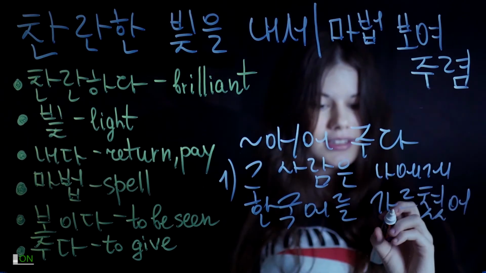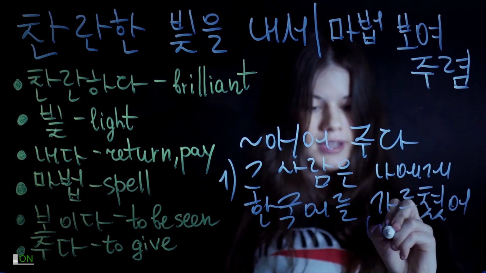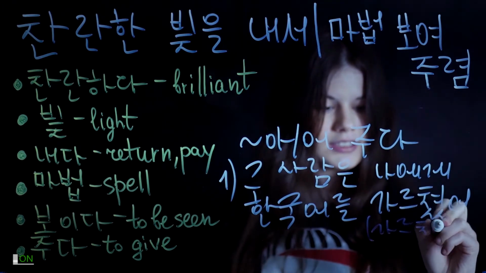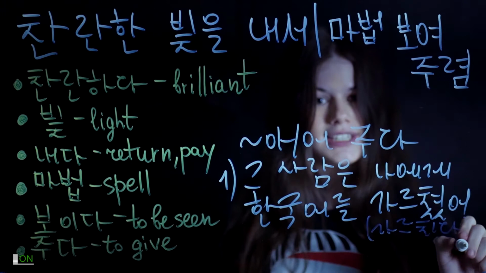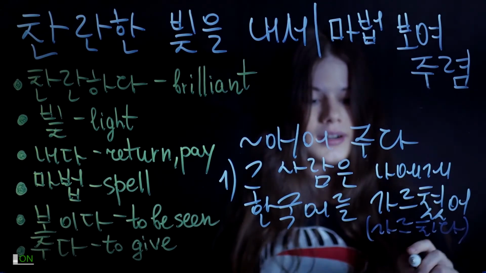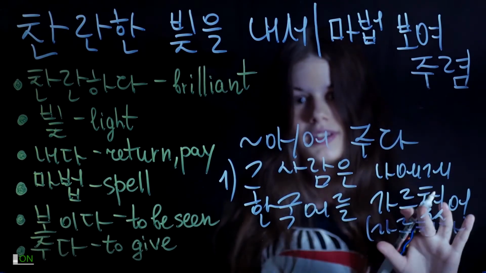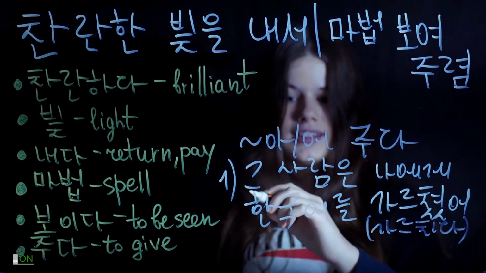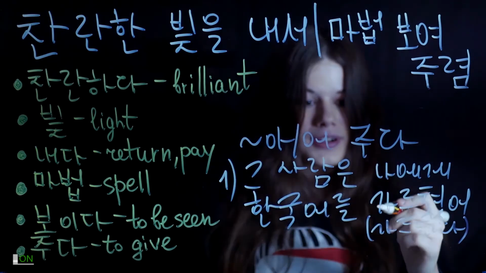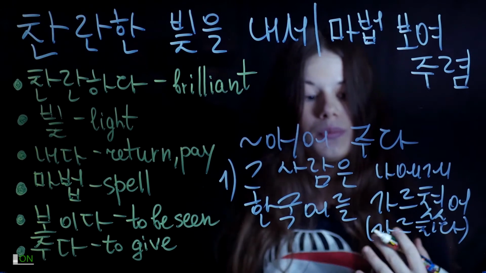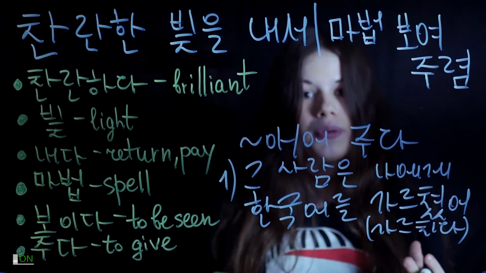It comes actually from the verb 가르치다. It means to teach someone. And this sentence is translated like, that person taught Korean to me. So this is kind of like a simple sentence.